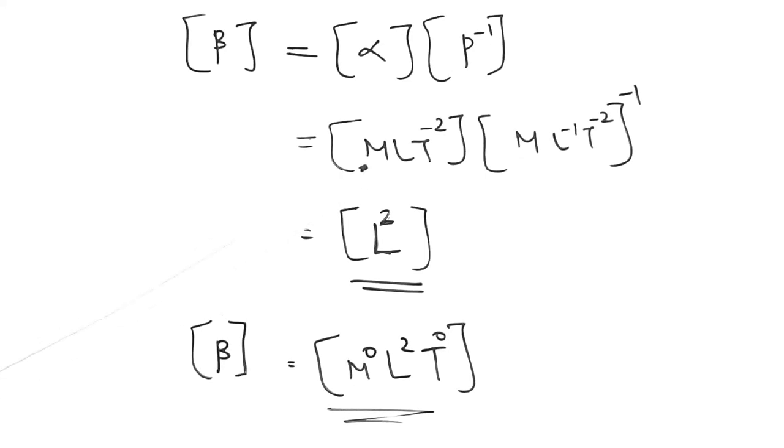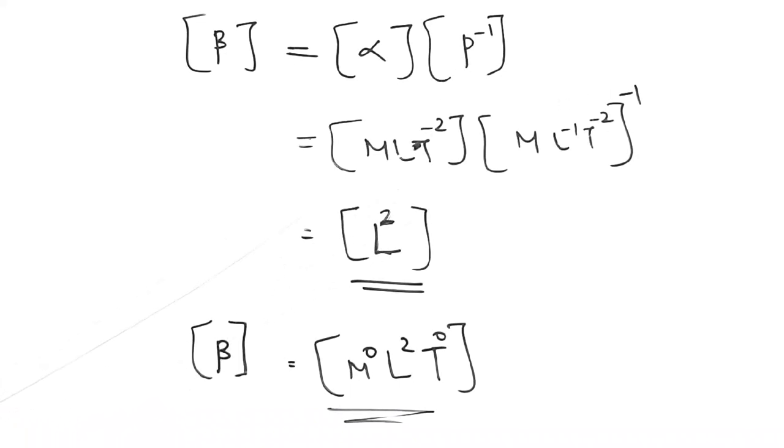Then solving, m and m raised to minus 1 will cancel. L raised to minus 1 to the power minus 1 will be L raised to 1. So L into L will give L square. T raised to minus 2 and t raised to plus 2, because minus 2 into minus 1, so t raised to minus 2 all raised to minus 1 will become t raised to plus 2.